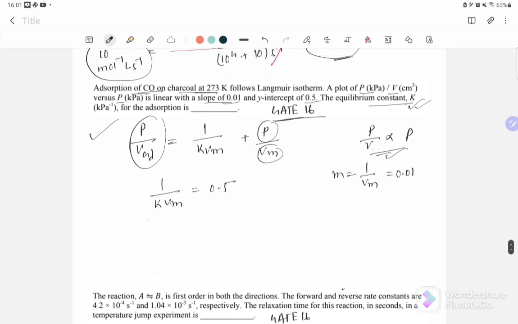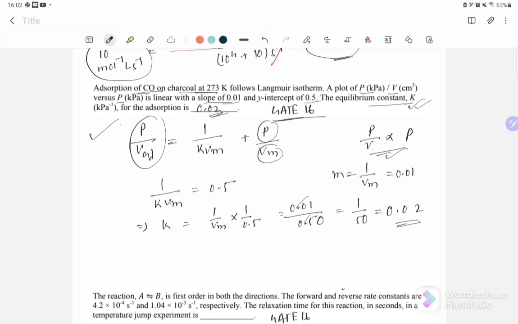They asked for K, so K will be 1/Vm into 1/0.5. 1/Vm is 0.01, so 0.01/0.5, that is 1/50, so that will be 0.02. So our answer will be 0.02.